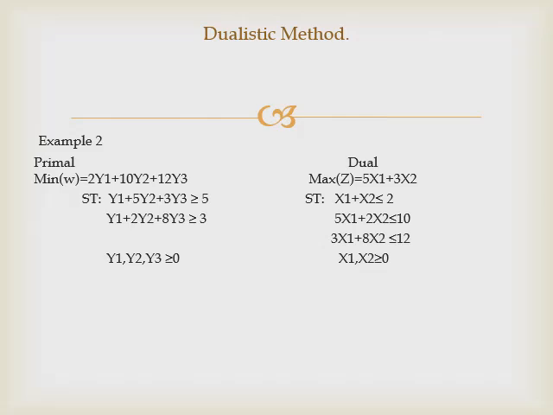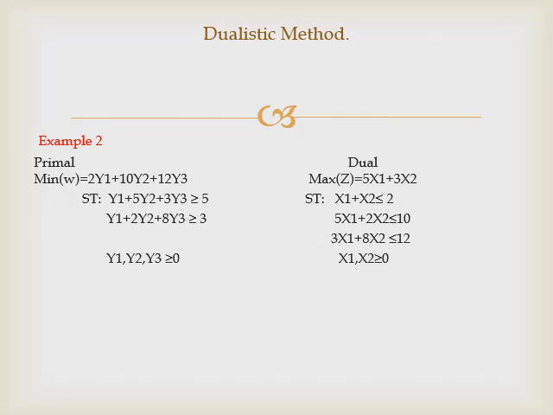Also, given two constraints: y1 plus 5 y2 plus 3 y3 greater or equal to 5. The second constraint: y1 plus 2 y2 plus 8 y3 greater or equal to 3.